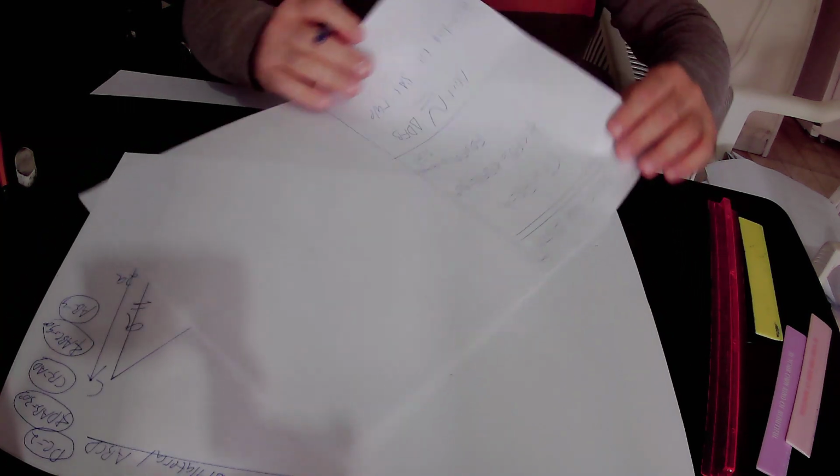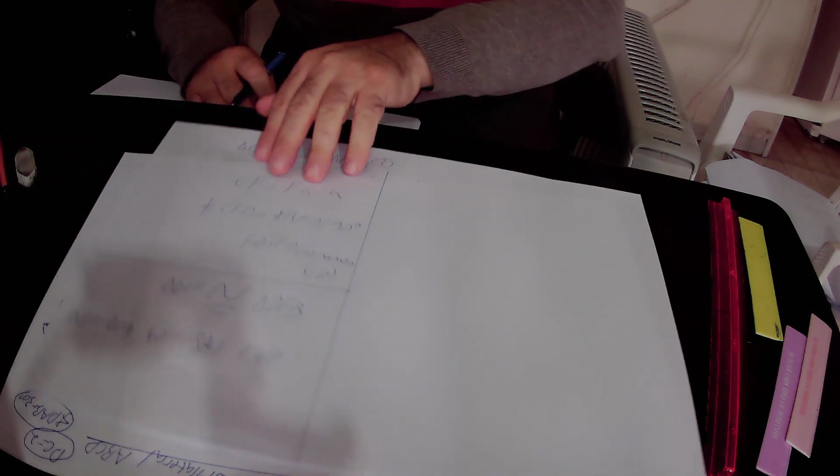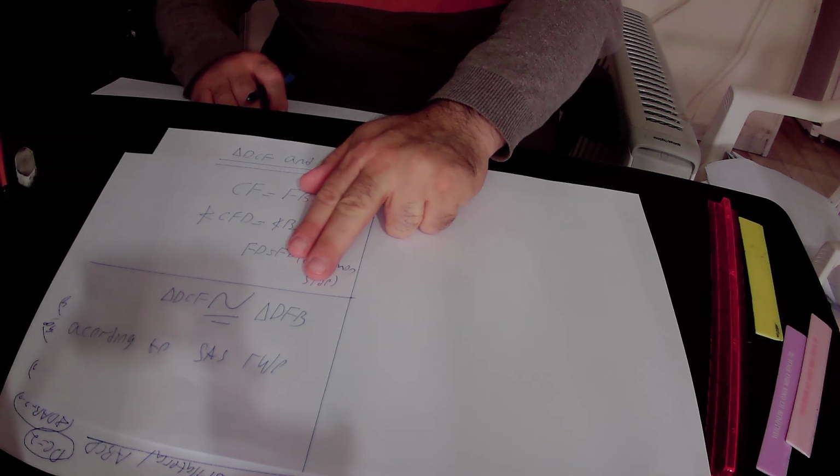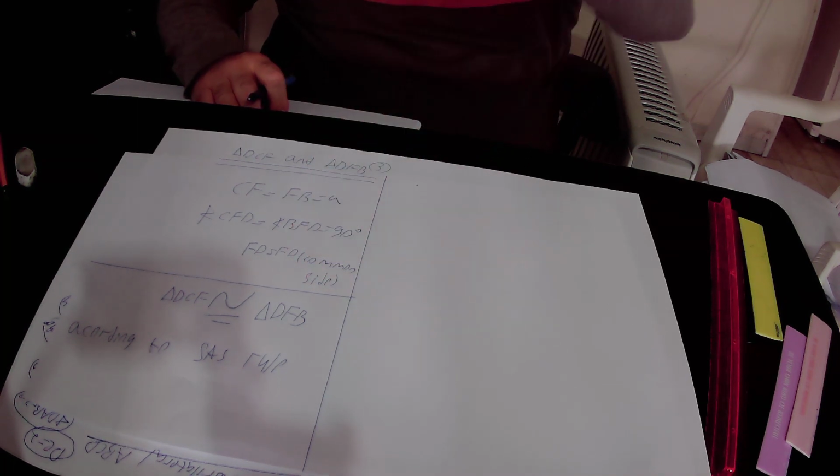I'll repeat again. We prove the triangle DCF congruent to triangle DFB according to side angle side rule.